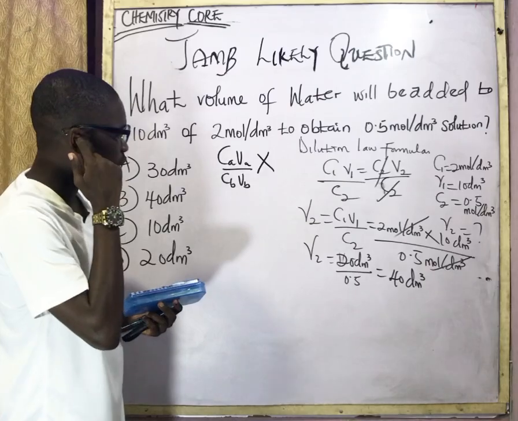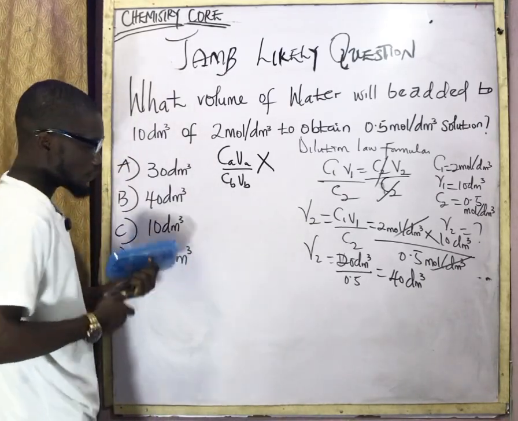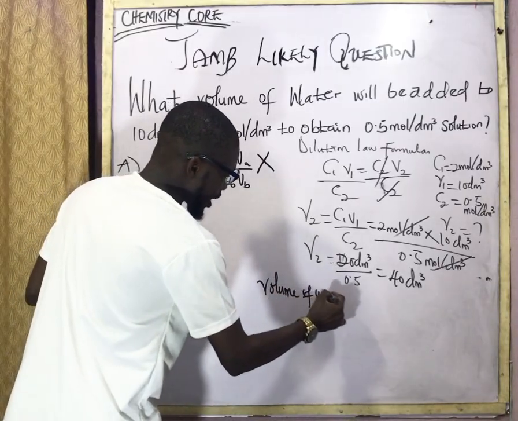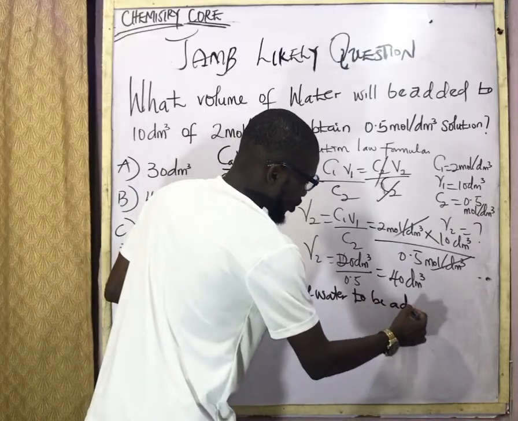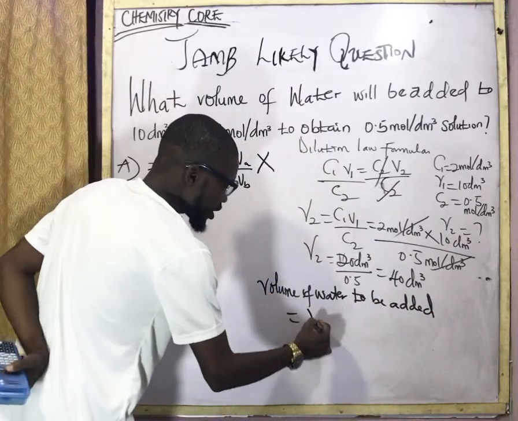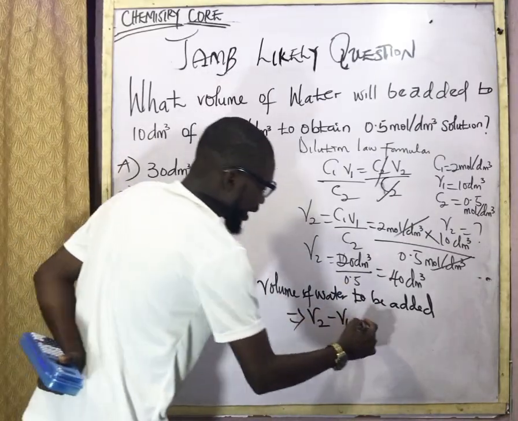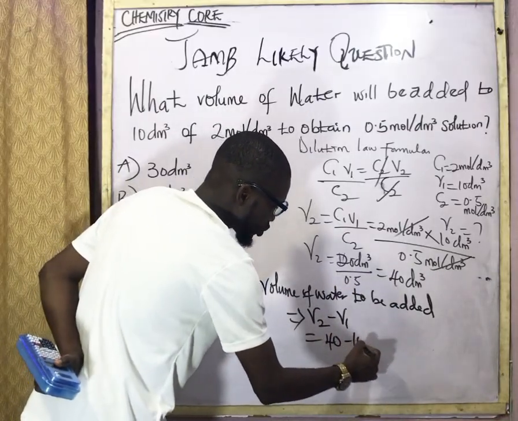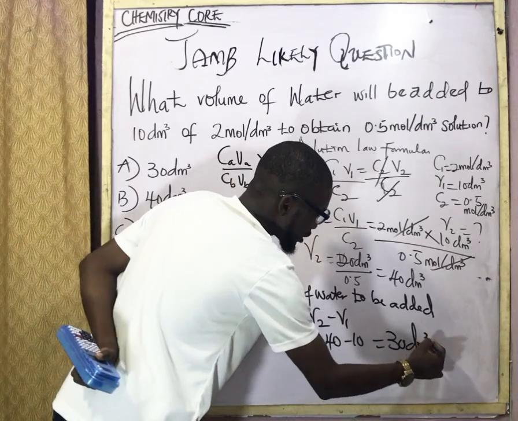So guys, the volume of water to be added according to the question will be V2 minus V1, and the value of our V2 is 40 minus 10. So in that case, we have 30 dm³.